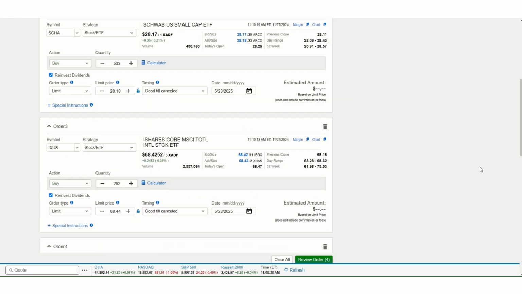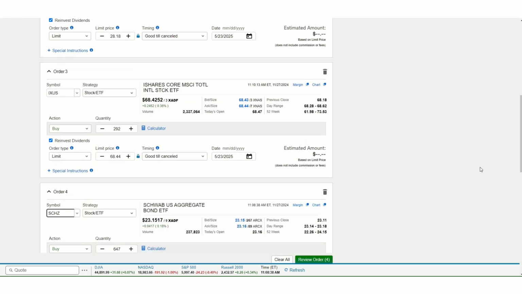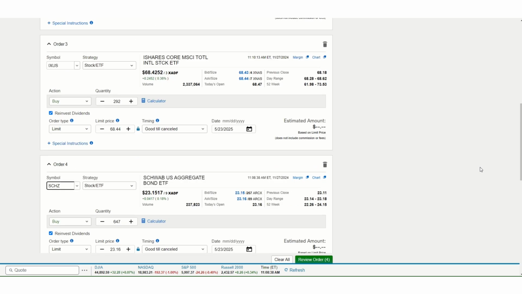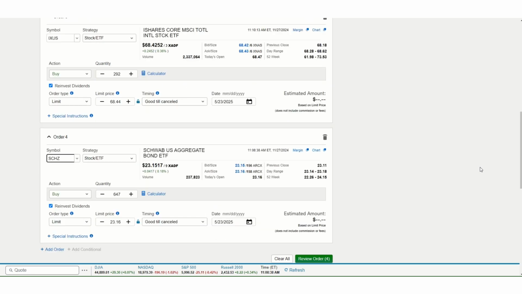Everything's already filled out. I could just change my limit price if that's something I want to do. And finally, I could hit review orders and place trades based on these choices that I made. So it does an excellent job of creating a basic portfolio. It shows me how many shares to buy, and it even transfers all that data into the trading screen.